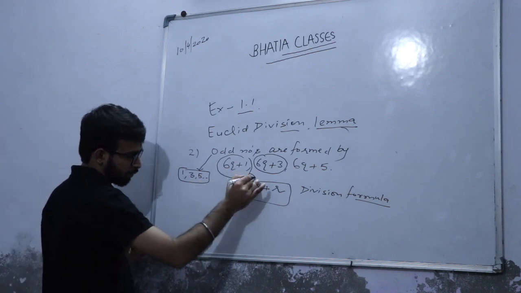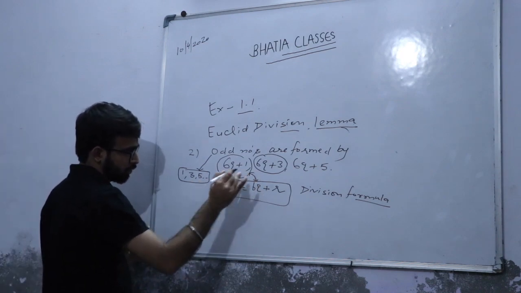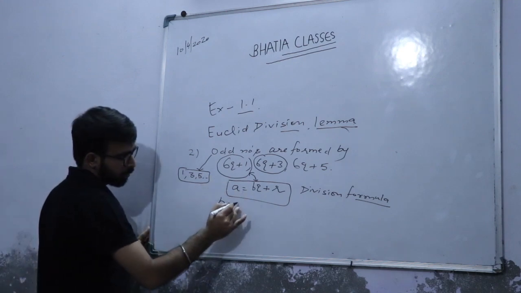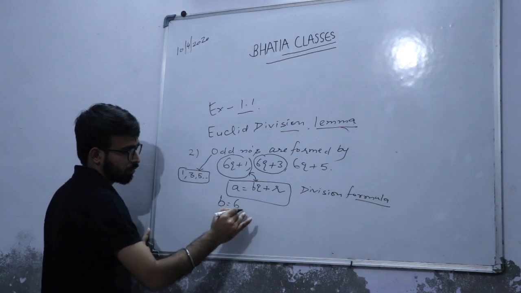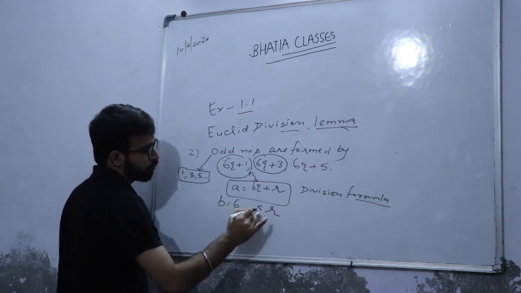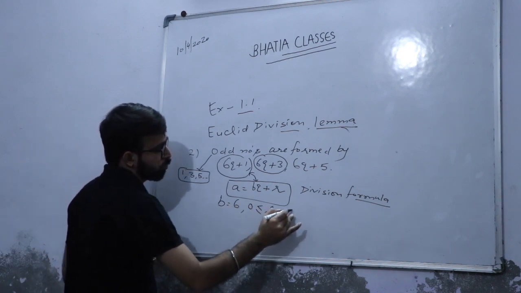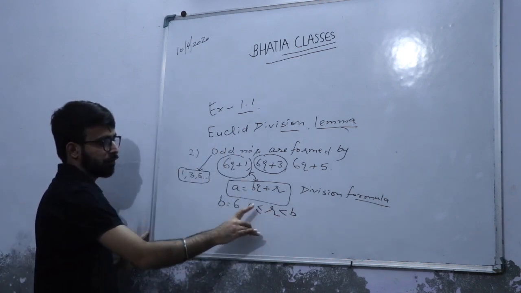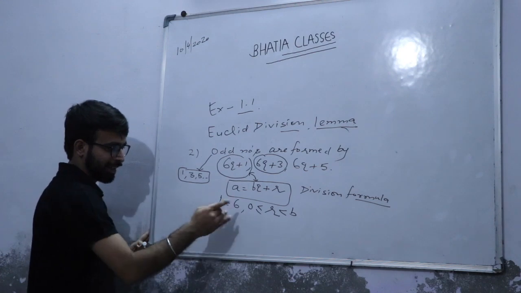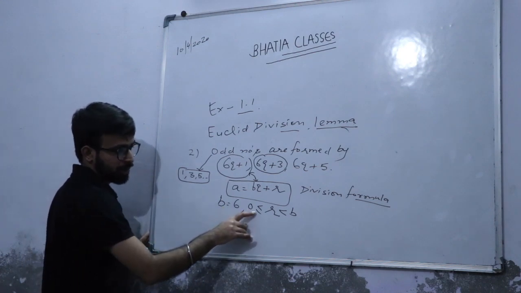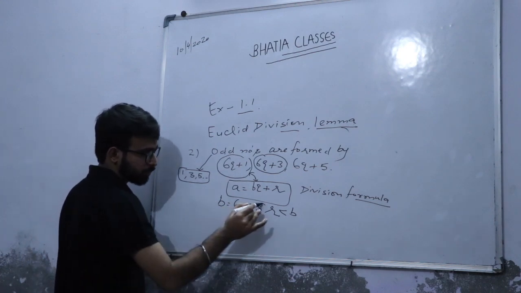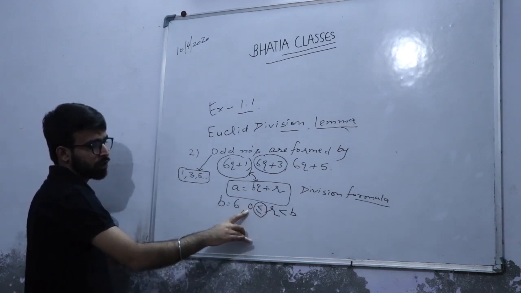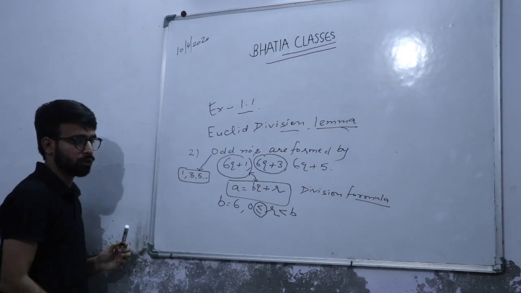Now, I will show you how to tackle this sum. Compare it. Hope you are watching this clearly. b is equal to 6 and r varies from 0 to b. It means r will have 6 values. How? Let me show you. This sign means r is equal to 0 and greater than 0.